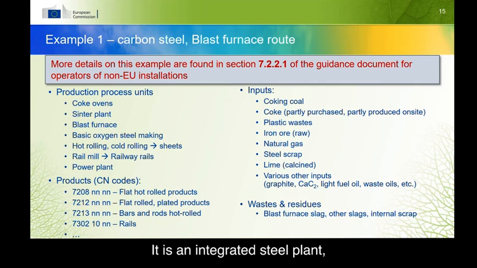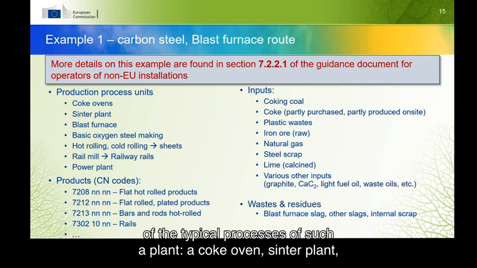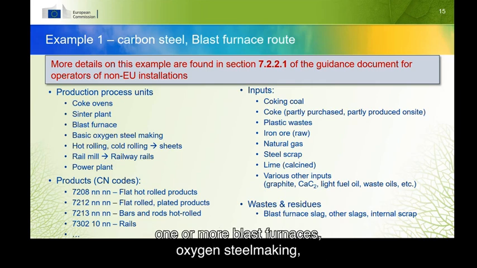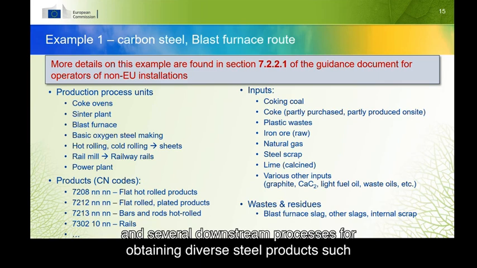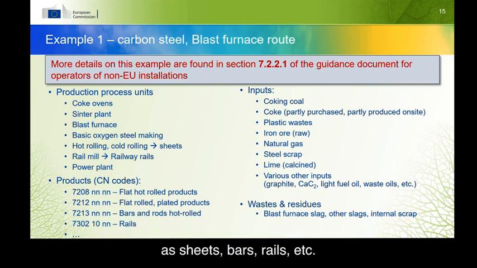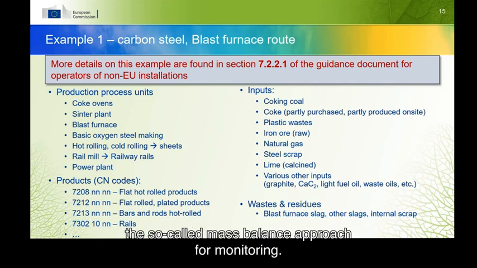It is an integrated steel plant, meaning a relatively complex installation consisting of the typical processes of such a plant: a coke oven, sinter plant, one or more blast furnaces, oxygen steel making, and several downstream processes for obtaining diverse steel products such as sheets, bars, rails, etc. For such complex installations, it is common to use a calculation-based approach, the so-called mass balance approach, for monitoring.